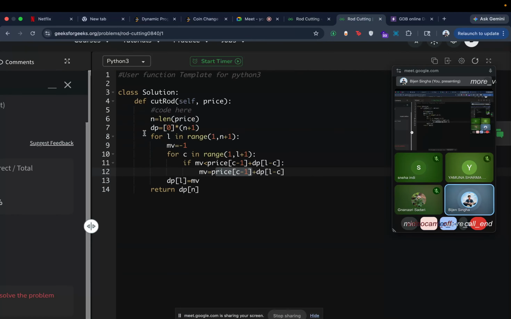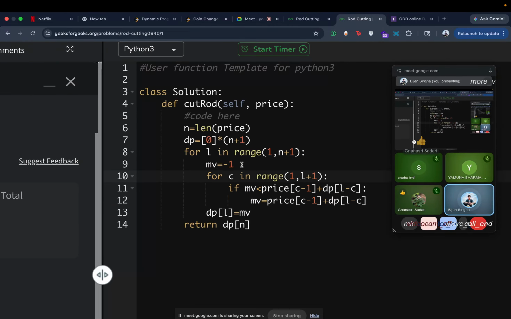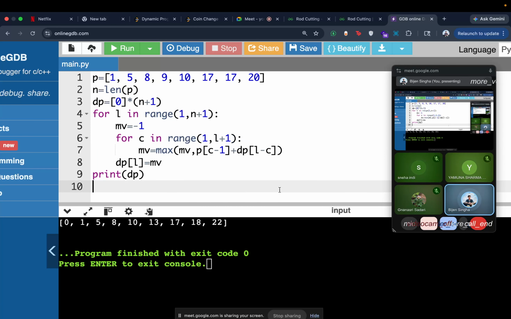Understanding the point, guys? Yes, sir. So if they don't start with 0, you can just do minus 1, you can cut it, and you can cut this also. But if they start from 0, then you have to take just the previous one. You can take a screenshot of this, guys.